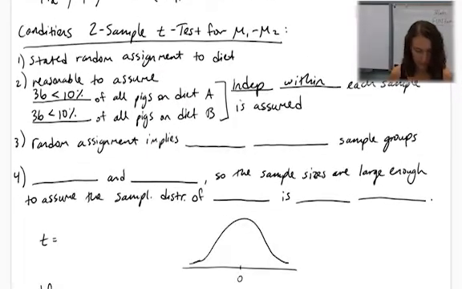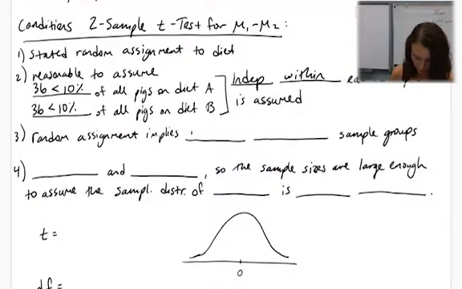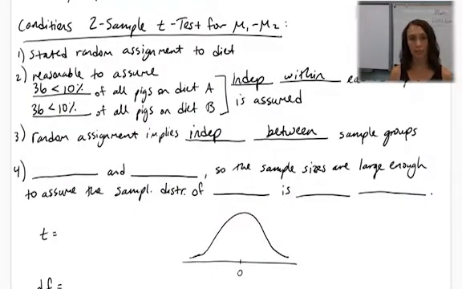Random assignment implies independence between the sample groups. So if they're randomly assigned, you can assume that they are independent of each other.